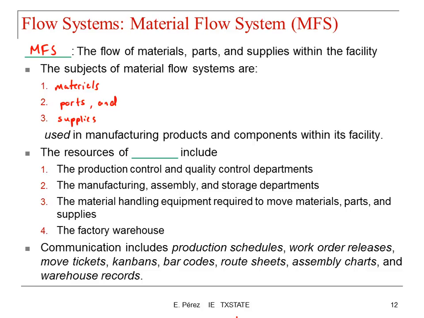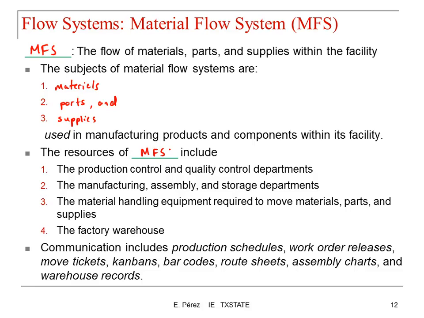So the resources of the material flow system include the production, control, and quality control departments, the manufacturing, assembly, and storage departments, material handling equipment required to move the materials, the supplies and parts, and the warehouse. Those are the resources that are going to be part of this material flow system.